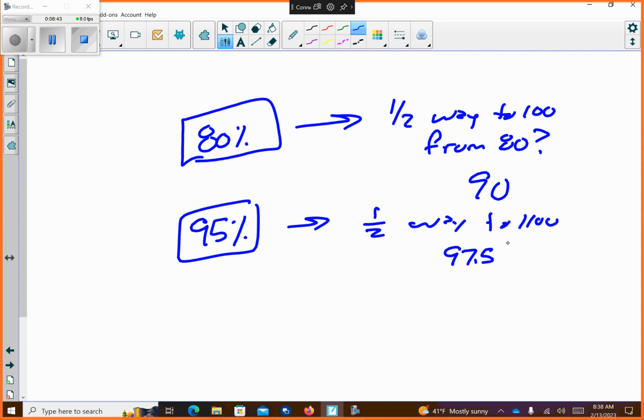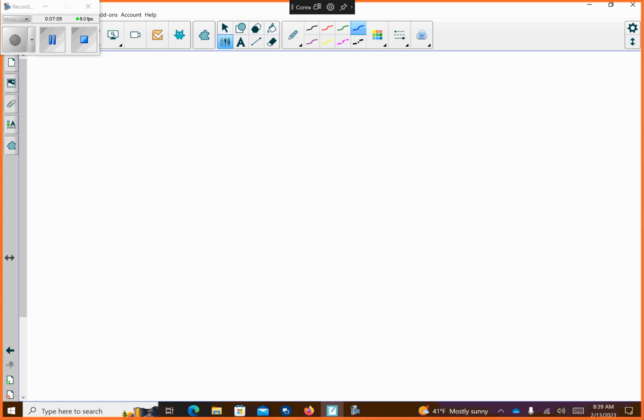So they have example 1. A random sample of 60 people shows that 75% support cutting property taxes. We wish to estimate the true percentage of all people who support cutting property taxes. And then it says find the margin of error of 90%. Okay, so they tell us 75% support cutting taxes.